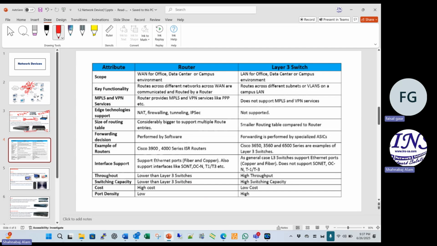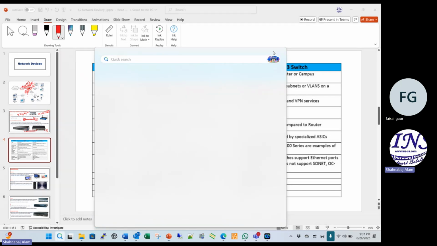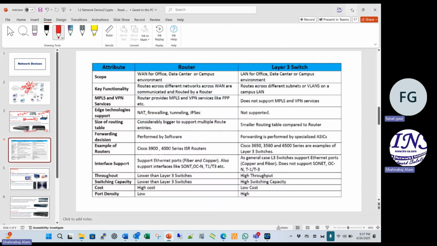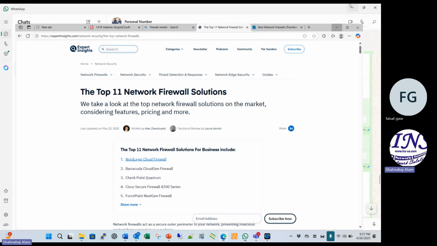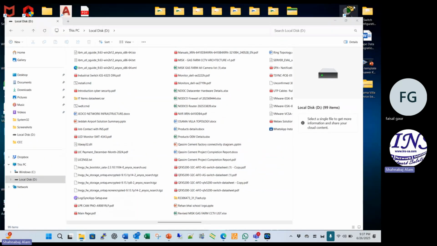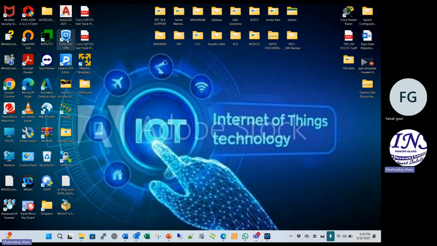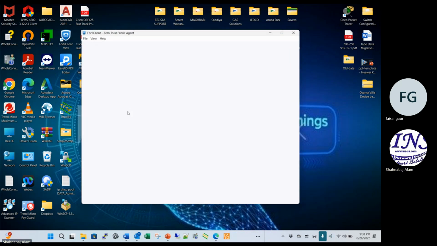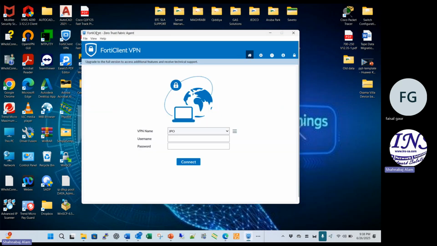I can show you, I have the FortiNet client on my laptop. One second, give me a moment. This is the FortiNet client.